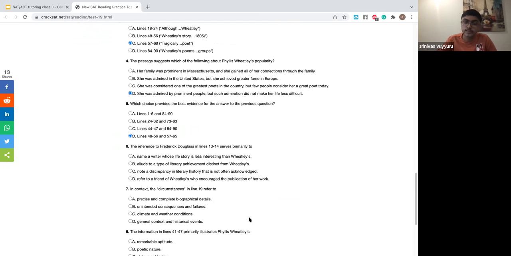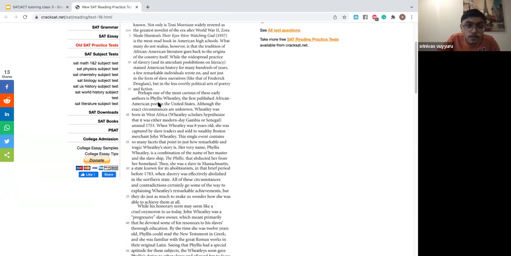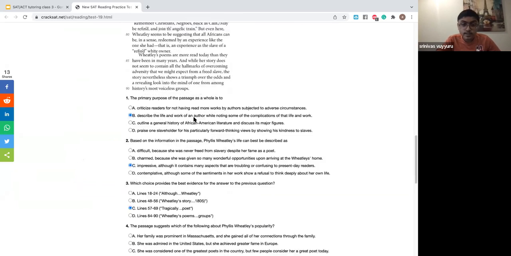So the reference to Frederick Douglass in lines 13 to 14 primarily serves to... so 13 to 14, what does 13 to 14 do? So 13 to 14, like that of Frederick Douglass, slave. Okay, so Frederick Douglass wrote slave narratives, but the other African Americans wrote different types of literature, is what it's saying.